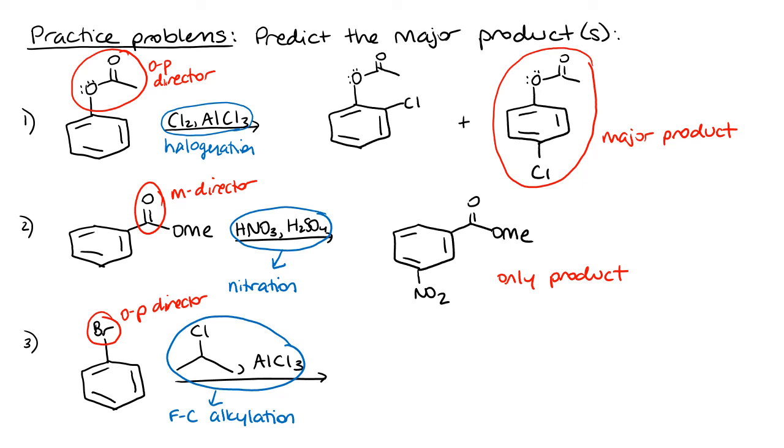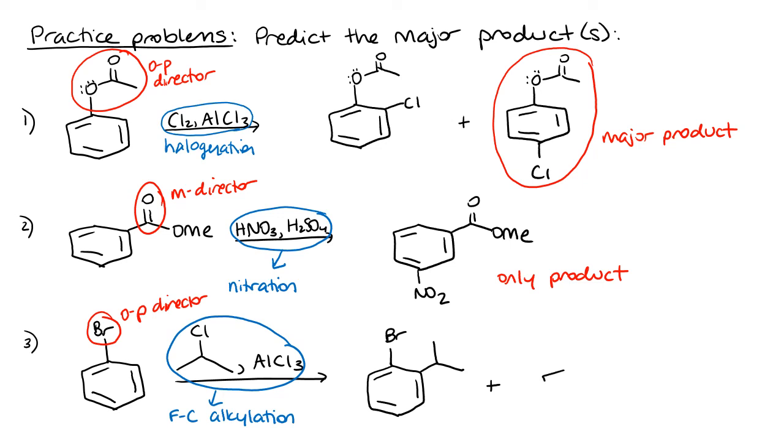Okay, so we know that we're going to install a 3-carbon chain, this group here, on our benzene ring in either the ortho or the para position. Let's go ahead and draw both, just so we can see what they look like. Now, even though bromine is a large atom, it's fairly contained.